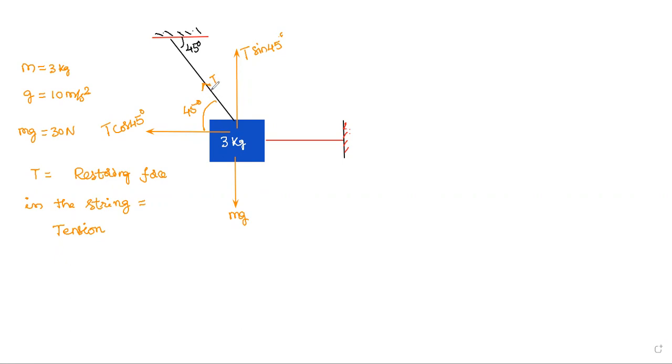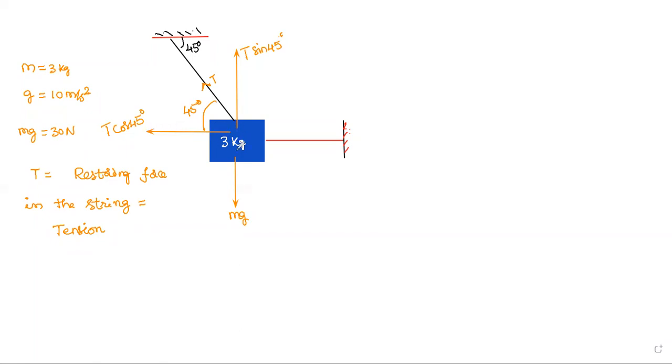Since it is looking like the second quadrant, the two components we have drawn here are T cos 45 and T sin 45. Now check here. This T cos 45, one of the components of tension developed in the upper string, tries to pull the mass forward.